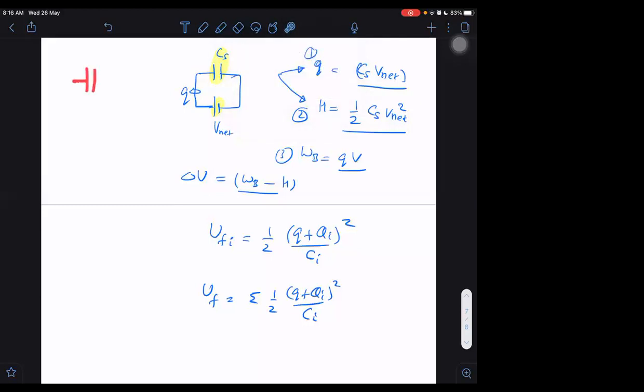I told you a charged capacitor can be assumed to be like an uncharged capacitor in series with a battery. So this battery, when added to the real battery, becomes V net. So work done by battery will not be equal to Q into V net, obviously. It will be just equal to Q into V.